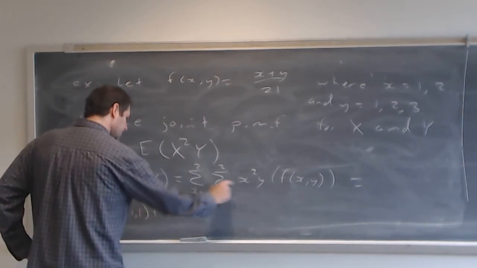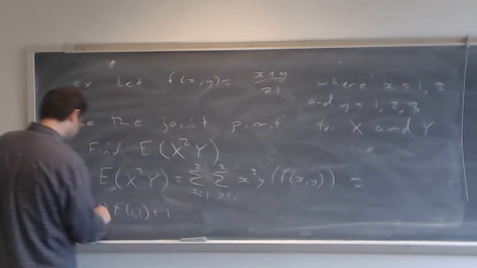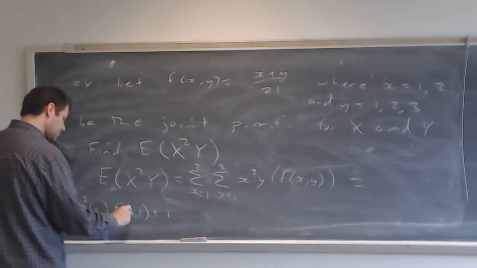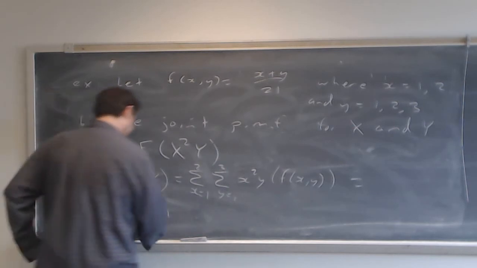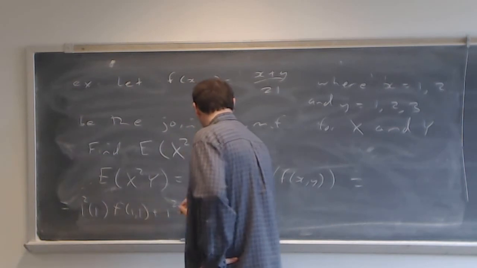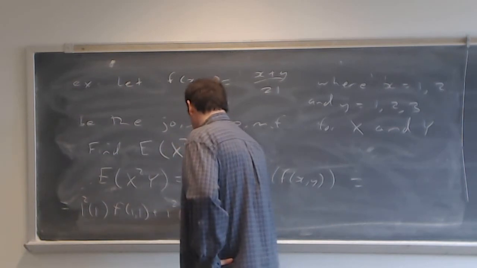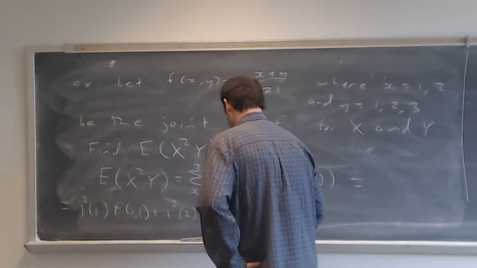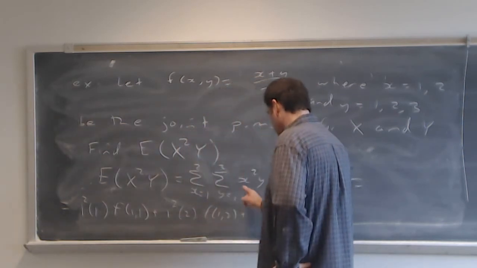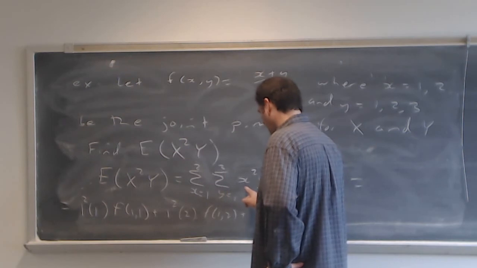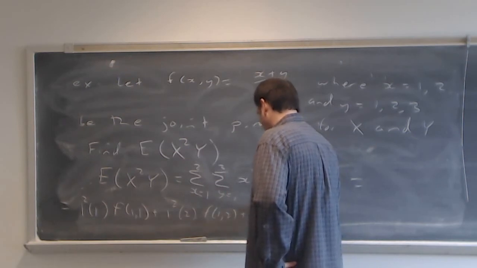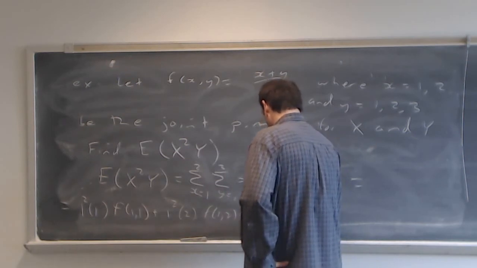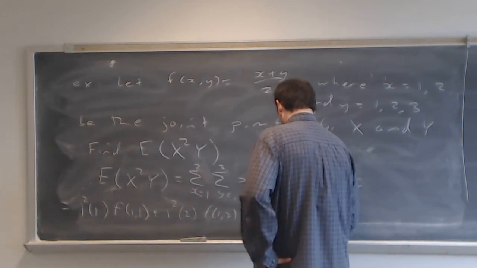So it's 1 squared times 1 times f(1, 1), plus 1 squared times 2 times f(1, 2), plus 1 squared times 3 times f(1, 3).